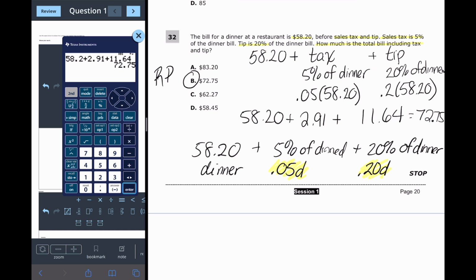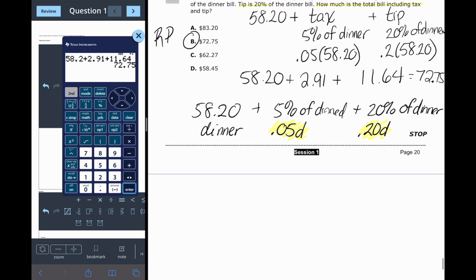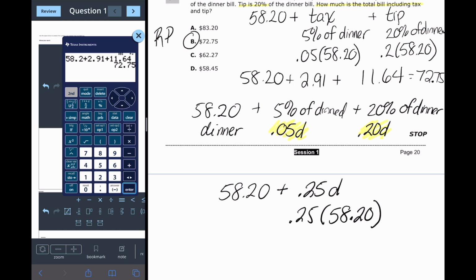So you could have just added those two together because I have the same variable and just did 58.20 plus 25% of the dinner cost, or 0.25 times 58.20. So you could have done it in this one step and gotten the same answer.